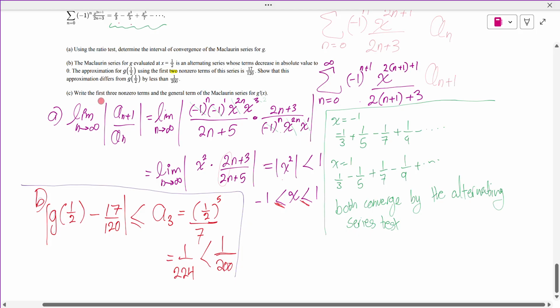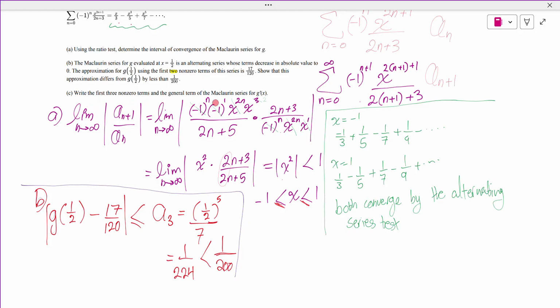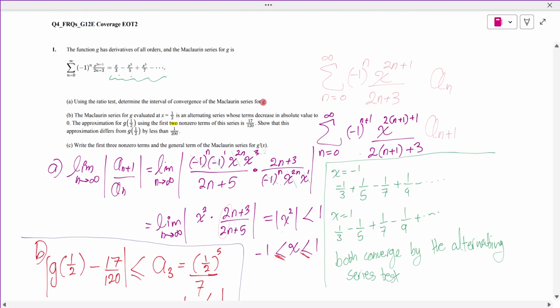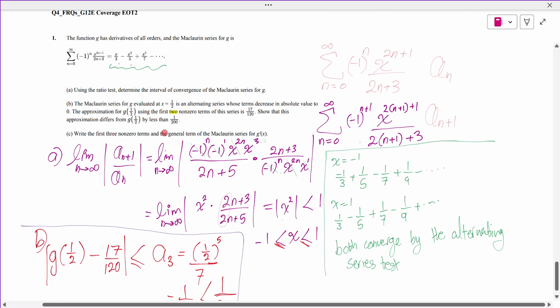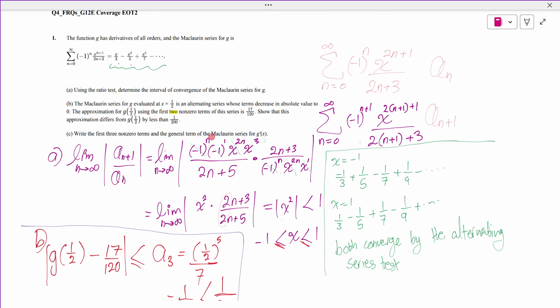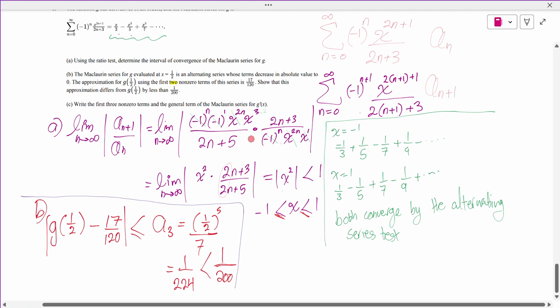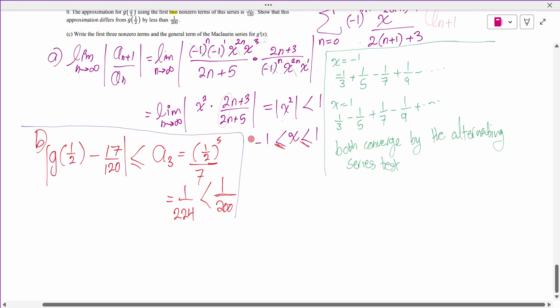Write the first three non-zero terms and the general term of the Maclaurin series for G prime of x. For part C, we need to find the first three non-zero terms and the general term of the Maclaurin series for G prime.